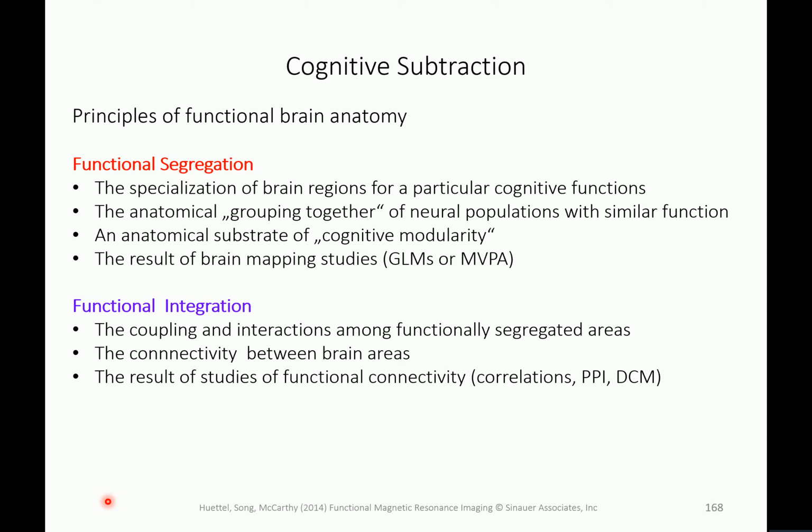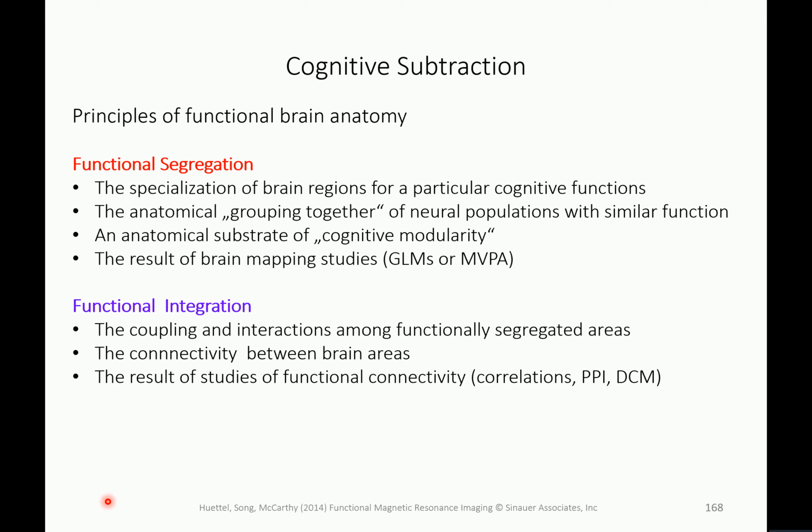Functional segregation refers to the idea that different brain regions are specialized for different cognitive functions. You've just gone over that in your functional neuroanatomy: there are areas in the brain that relate to vision, and areas that relate to audition, so auditory cortex. The hope is that there are also specialized regions for more particularly cognitive functions, such as representing value.